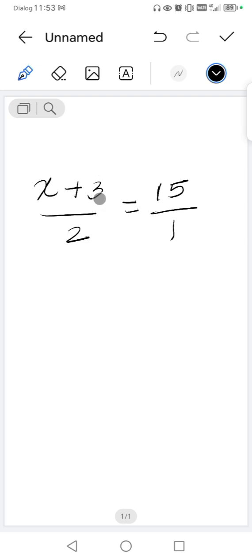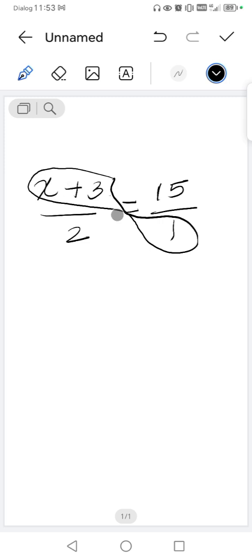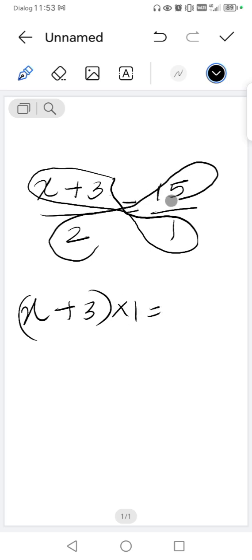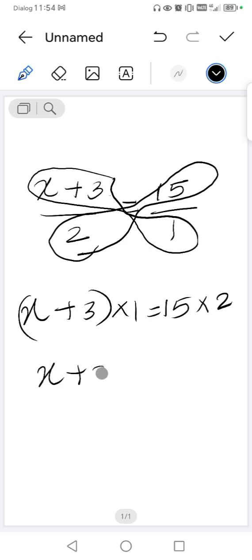Now we have to multiply like this: (x + 3) multiplied by 1, so (x + 3), equals 15 into 2, and multiplying by 1 it's the same as x + 3, and that equals 30.